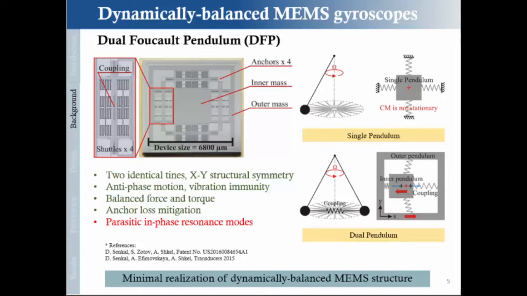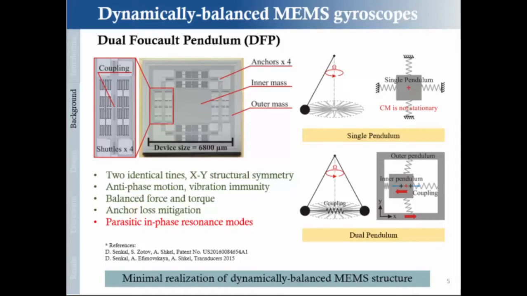The system we are considering is analogous to 2 proof masses connected by a string, and this is why it's a dual Foucault pendulum. And we demonstrated that we can achieve a high quality factor.